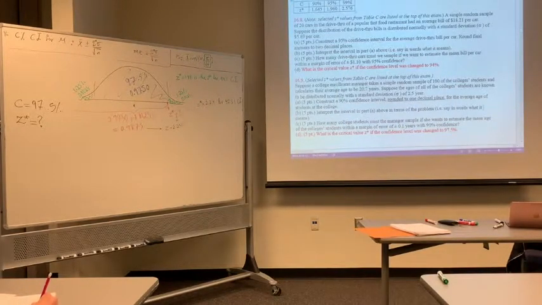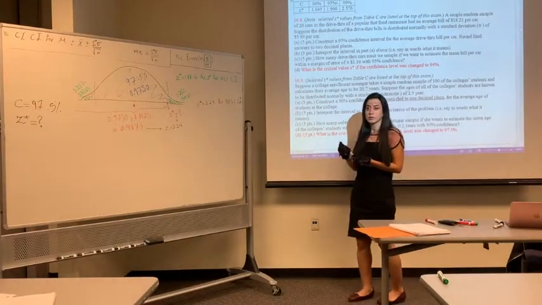Shall we find the 95% confidence interval? We already have a Z star, but let's find the Z star for the 95% confidence interval. Our Z star should be 1.96, so let's try it to see if we get the same thing or not. Do you understand what I'm doing? Yes.